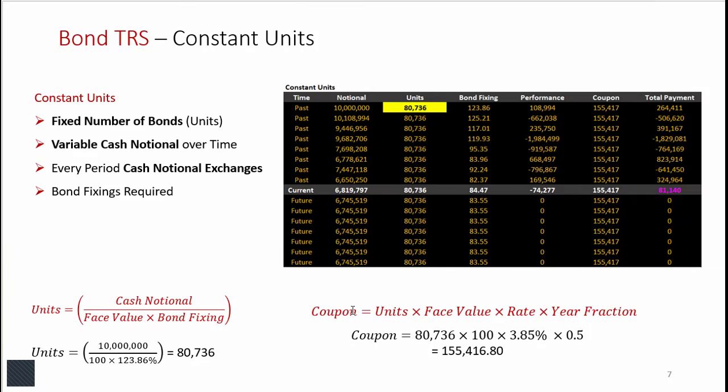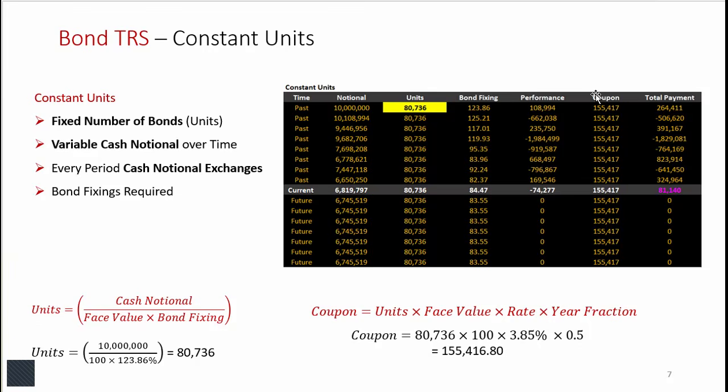Now the bond TRS coupon is typically calculated from units. It will be units times the face value times the bond coupon rate times the year fraction. In this case, the first coupon would be 80,736 times the face value of 100 times the bond coupon of 3.85% times 0.5, because it's semi-annual, and that gives you US dollars 155,416.8, which is this number here, which we see rounded.